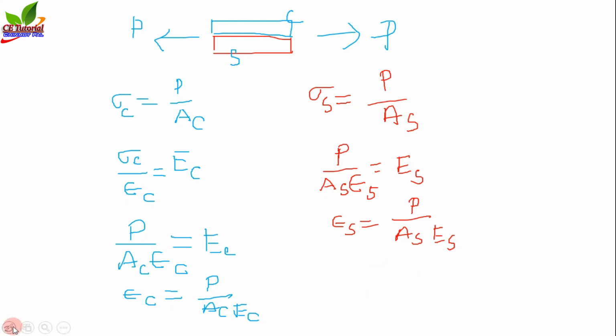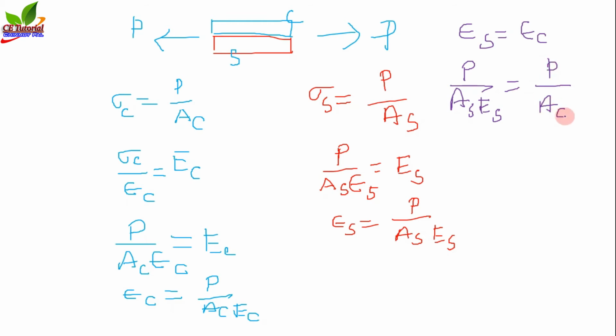Again, we are assuming the compatibility equation, that means epsilon C equals epsilon S, so you can say that P by AS into ES equals P by AC into EC.